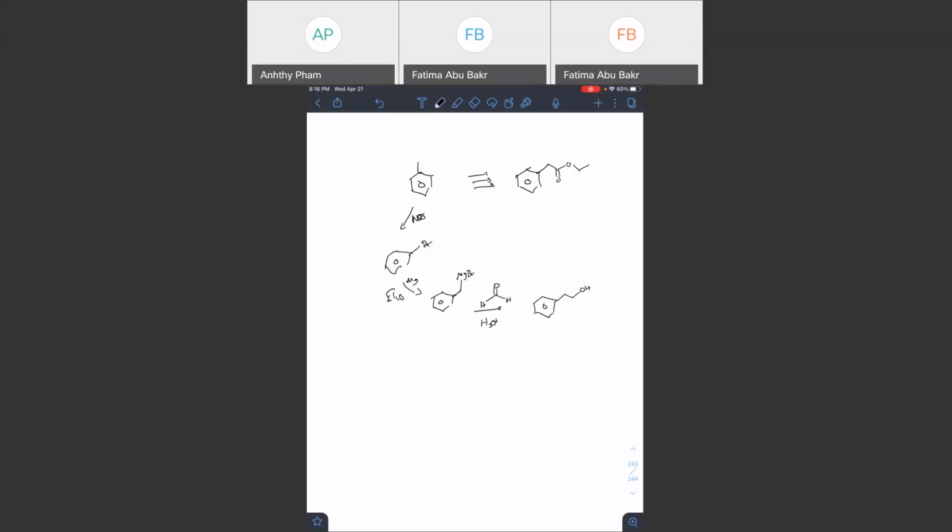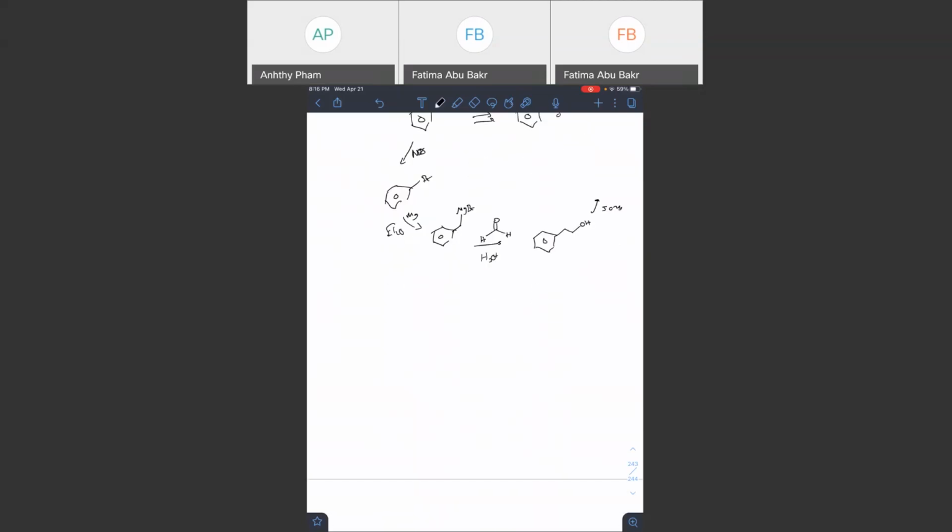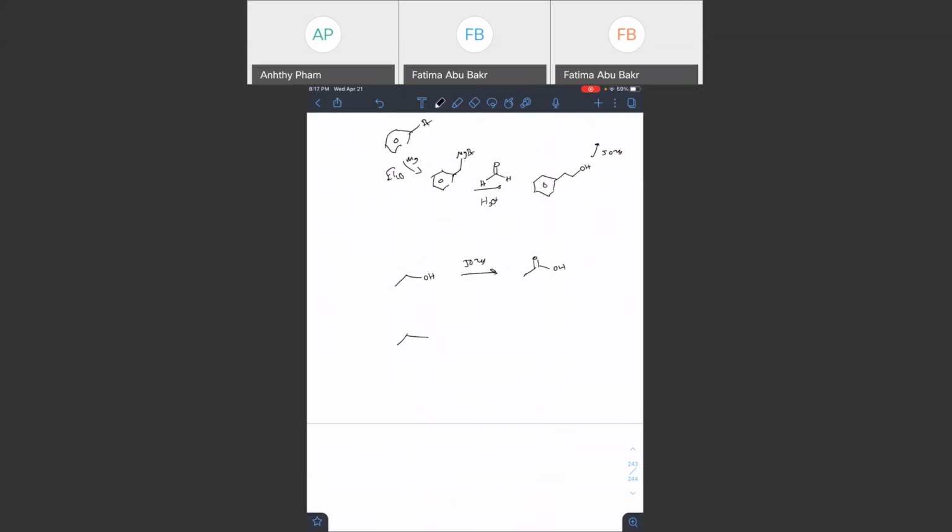And then from there, all we have to do is we can do Jones to turn that into an acid. If you remember the difference between PCC and Jones when it's primary, Jones will take a primary alcohol and turn it into an acid, and PCC will take a primary alcohol and turn it into an aldehyde, essentially.